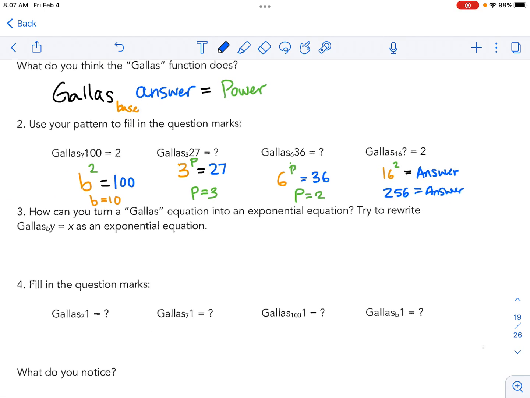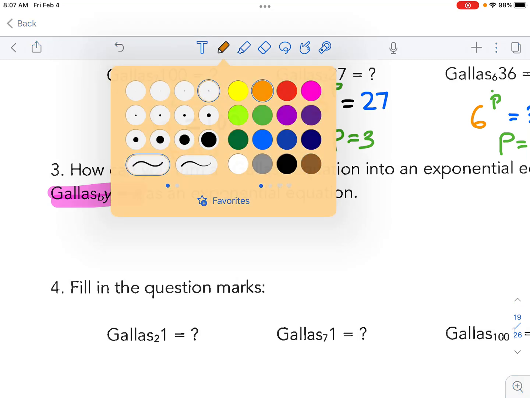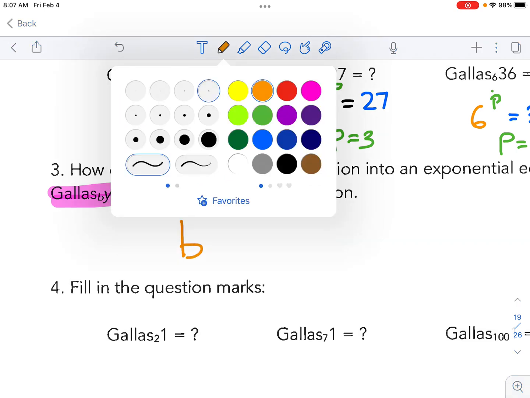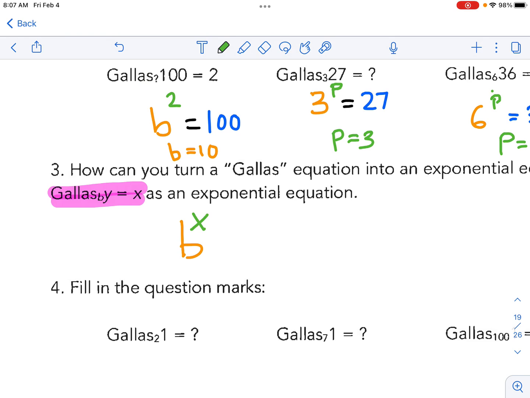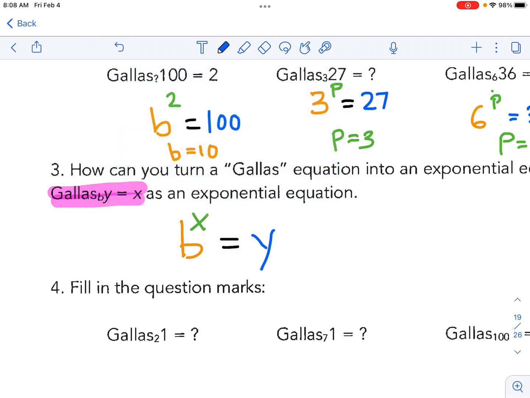So this next question says, how can you turn the log equation into an exponential equation? So if we have this relationship here, log base b of y equals x, then we know that we have that base, and we're going to raise that base to a power, and that is going to equal our answer.